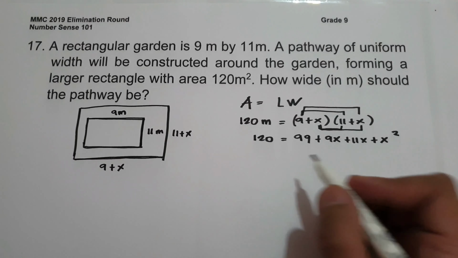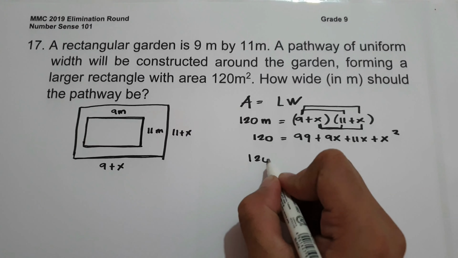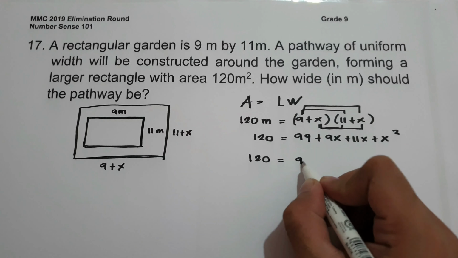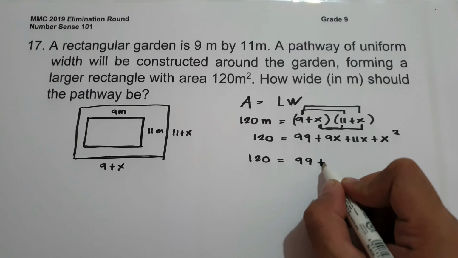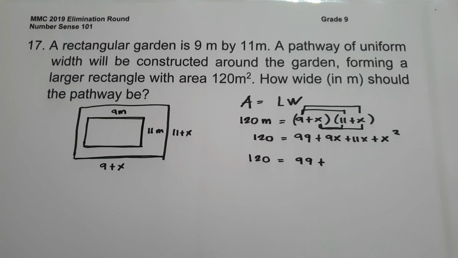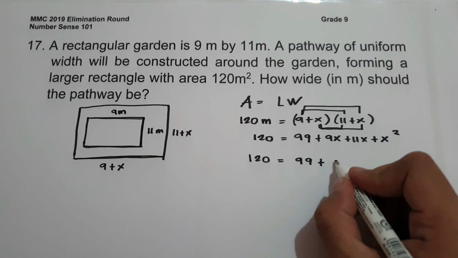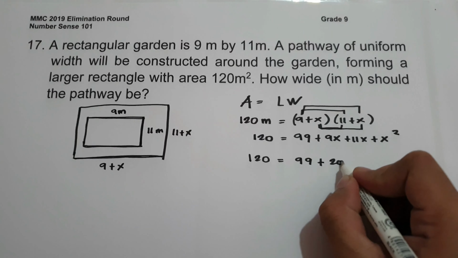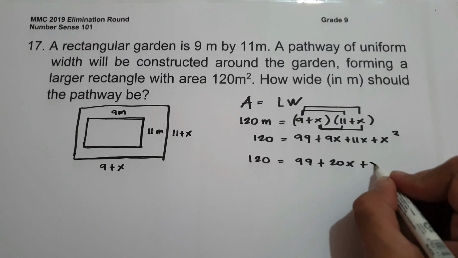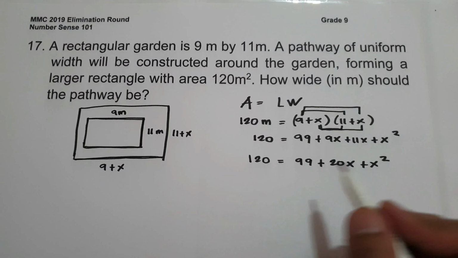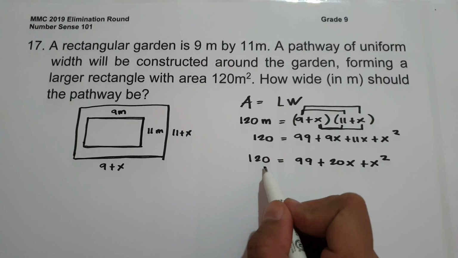So let us simplify. We have 120 equals 99 plus 9x plus 11x, that is 20x plus x squared. So let us move 120 to the other side.